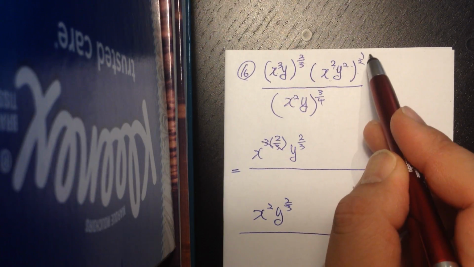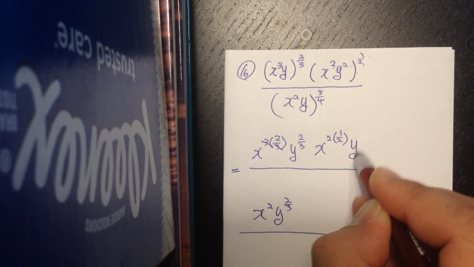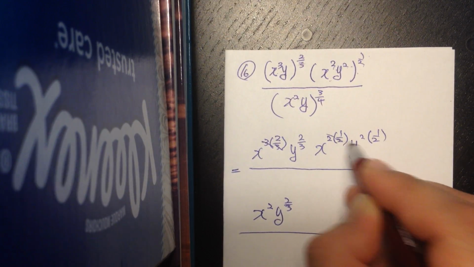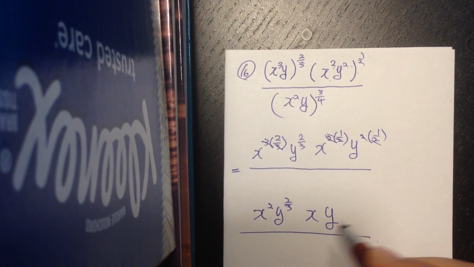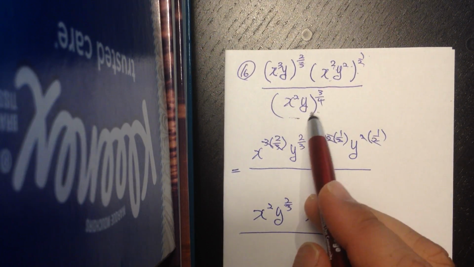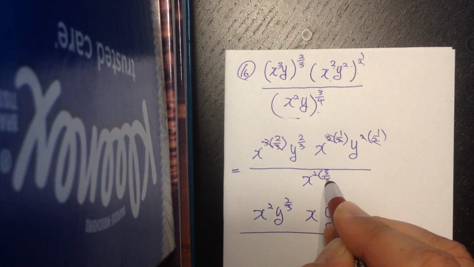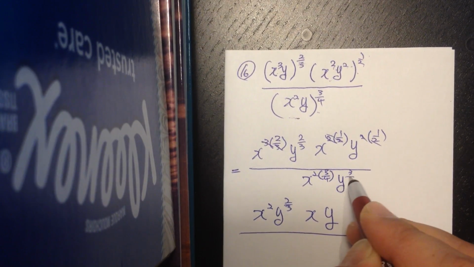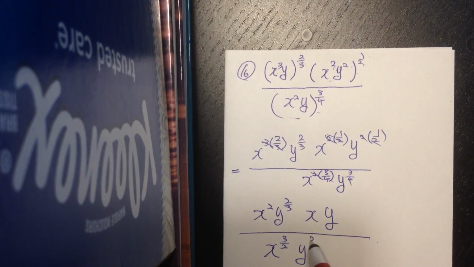Everyone's going to get 1/2. So those get canceled, so you're going to get x and y. Okay. Denominator, same way, which is x squared gets 3/4, y gets 3/4. So therefore, you're going to get 3/2, 3/4.